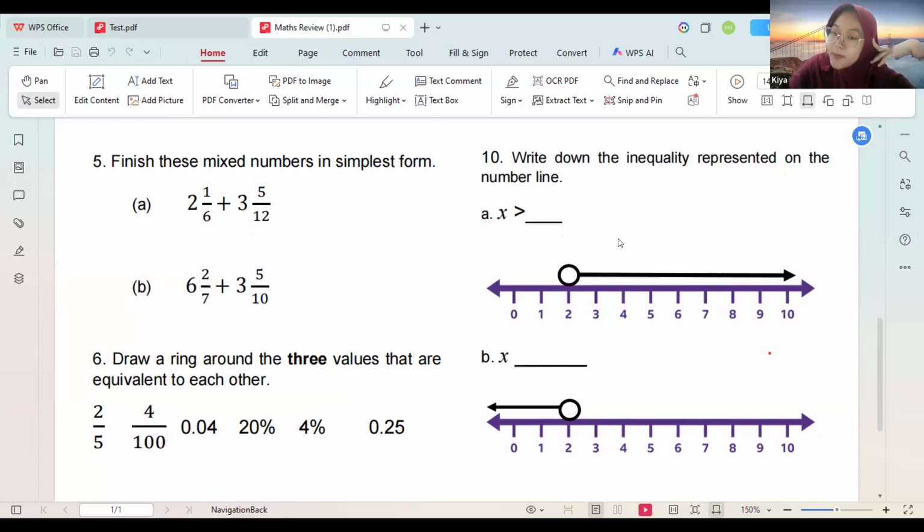Okay, and then how about the number 10? Number 10, 2. Oh yeah, two. And then what about the B? The B, 1, 2, 3, 4, 8. What is the symbol?